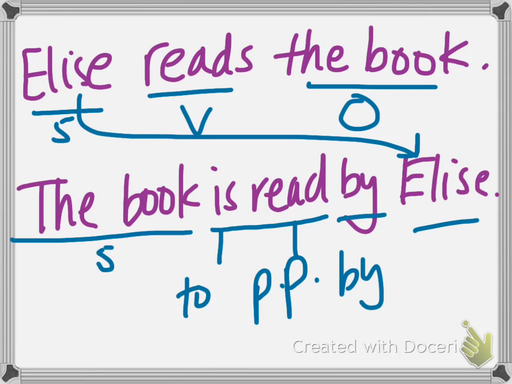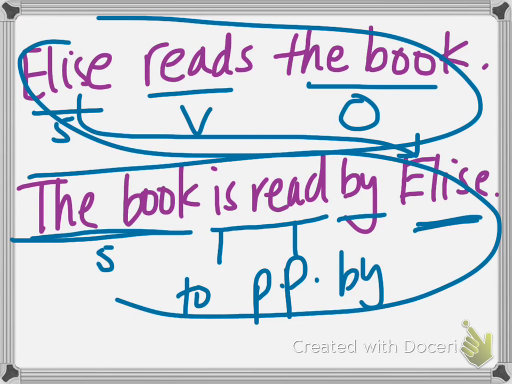So the subject of the first sentence is now there. And so she is the actor, but the actor, Elise, is not the subject of the sentence. The subject is the book, but the book is doing nothing. The book is being read by Elise. So that's the difference between active voice and passive voice.